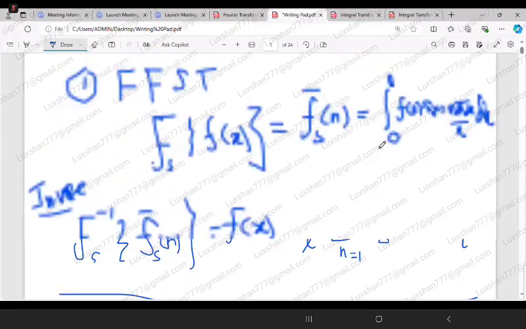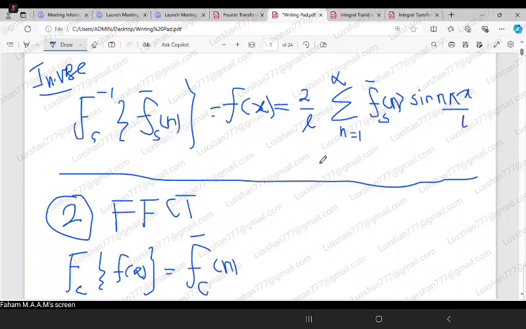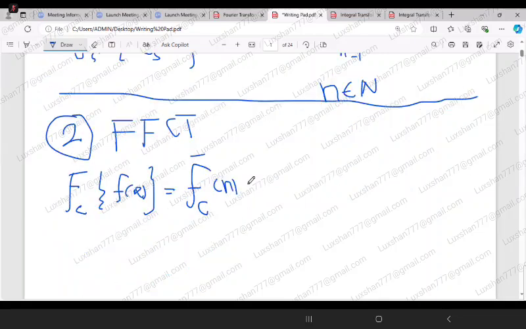Actually, n is an integer, we know that n belongs to the set of integers. So this is equal to the integral from 0 to L of f(x) into cos n pi x over L.